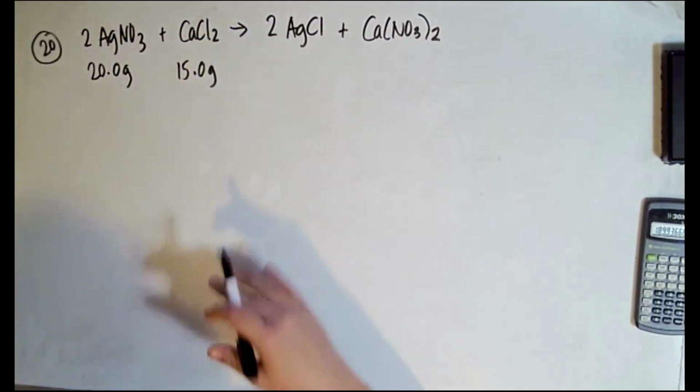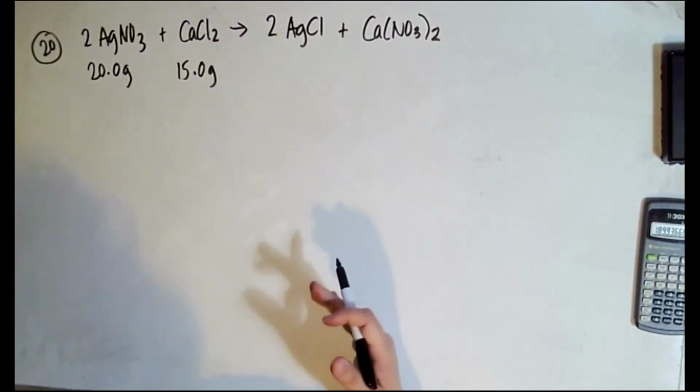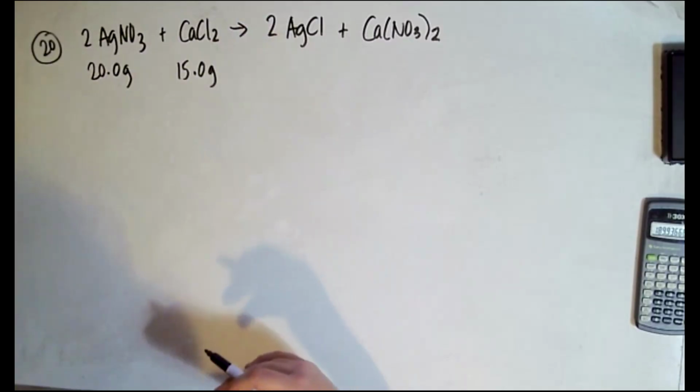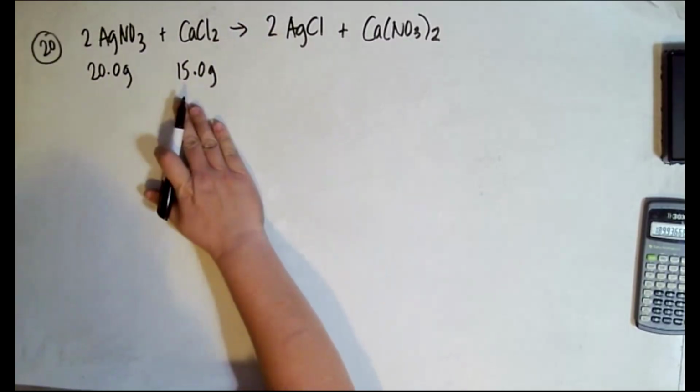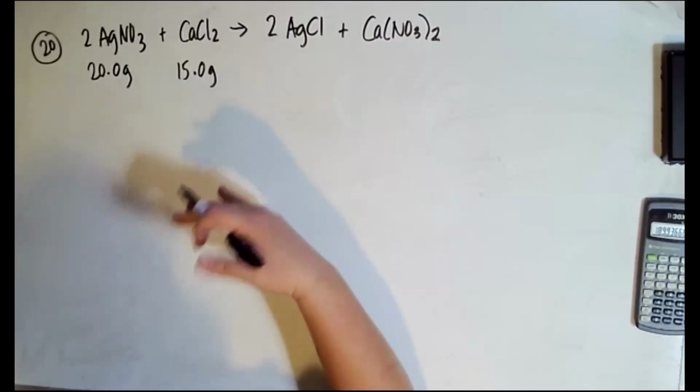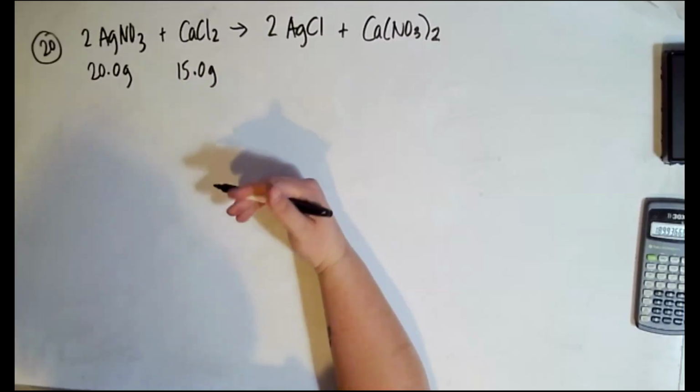That way, it should be really clear when it is a limiting reactant question, even if they don't use the word limiting reactant, because you're going to have 2 mass amounts for your reactants. And if you have 2 reactant masses, then your question is always a limiting reactant question.